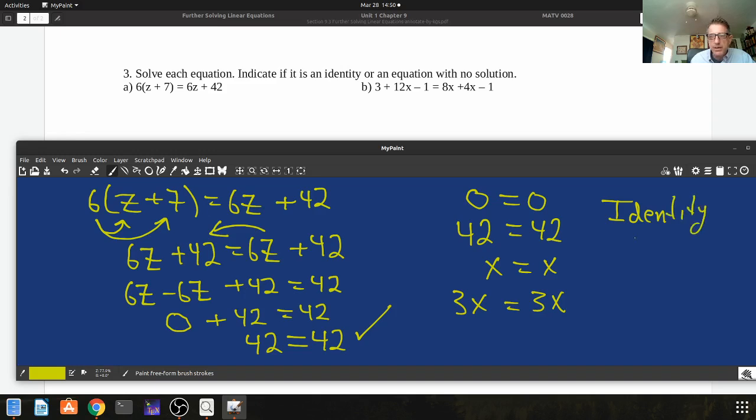Why? Because you literally have the exact same number or the exact same symbol on both sides of an equation. And that means all values of x work.